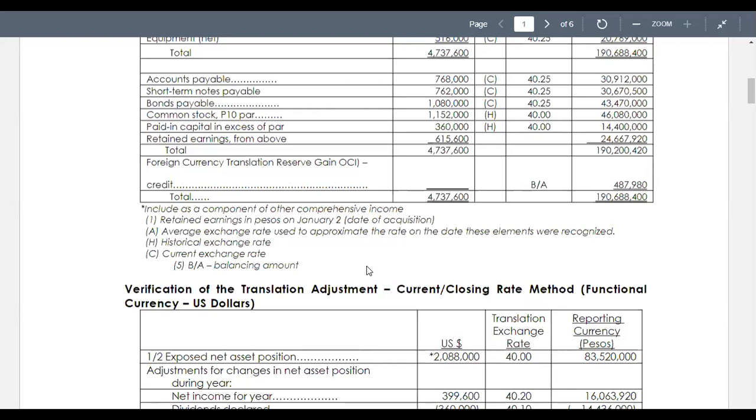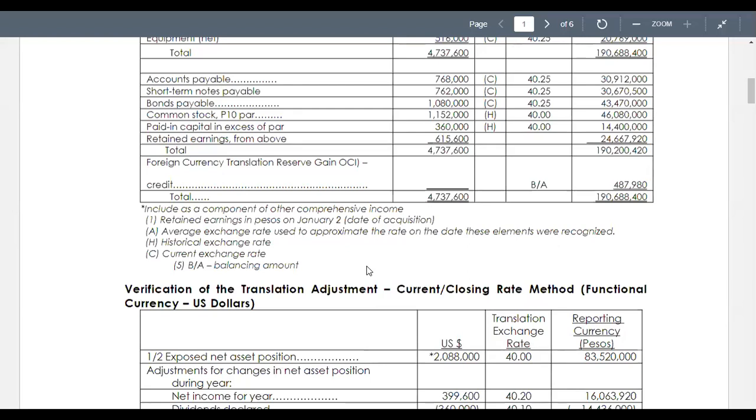Common stock, historical; sales, weighted average.